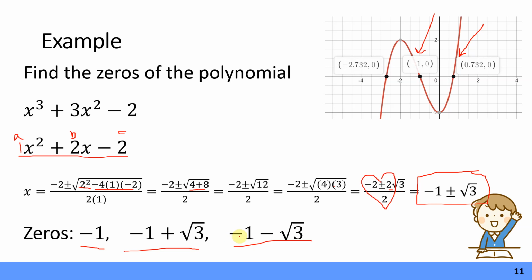And if you do negative 1 minus the square root of 3, you're going to get this answer right there. So again, I know the graph gives you all of the answers, but you do have to write these in exact form, meaning not decimal form. This was not in fraction form, but it was in square root form, which we had to find by using the quadratic formula. And there are our 3 answers.